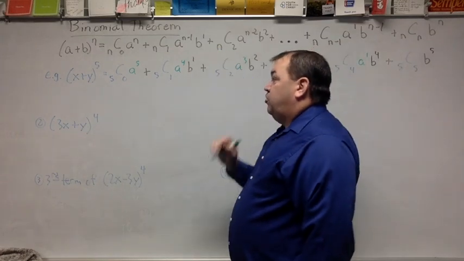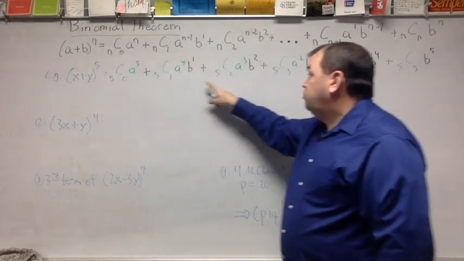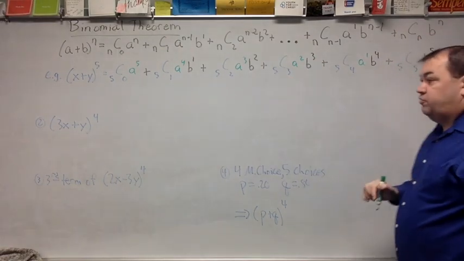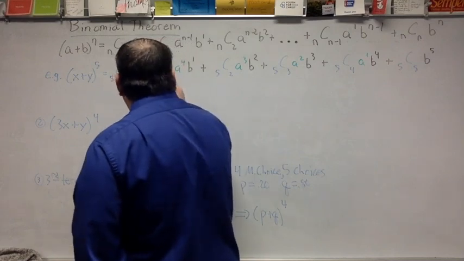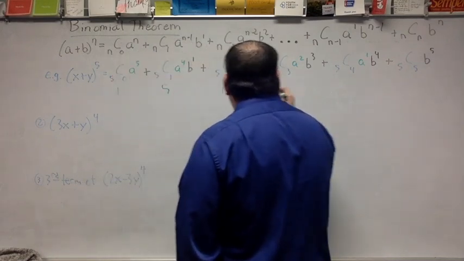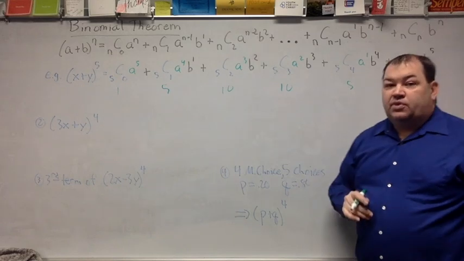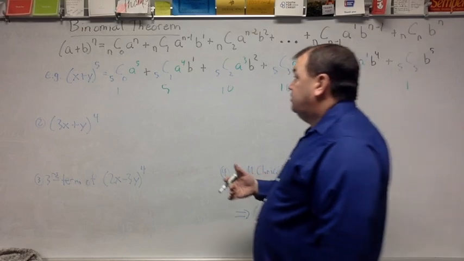If I use this binomial theorem, I do 5 choose 0, 5 choose 1, 5 choose 2, 5 choose 3, 5 choose 4, and 5 choose 5. I know what those numbers are: 1, 5, 10, 10, 5, and 1. Now I go back and I do powers of x.